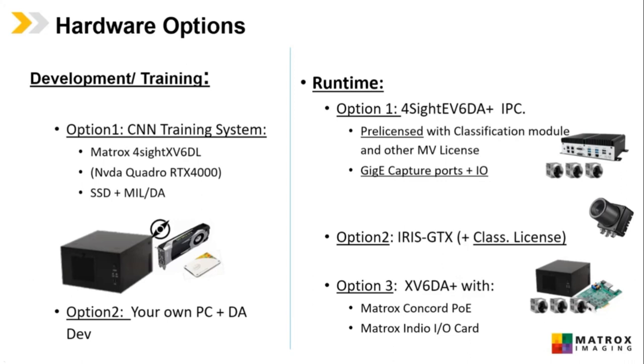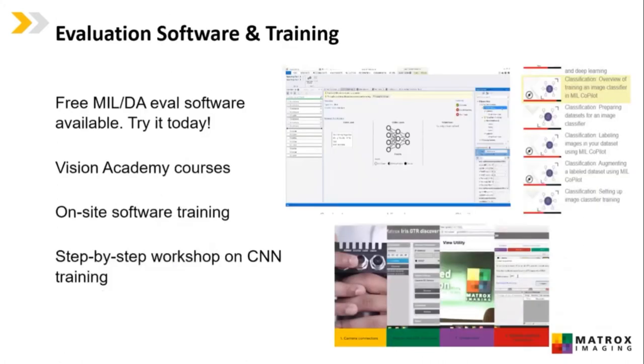And option number three would be to deploy to a desktop grade platform like the Foresight. But in this case, you don't need a GPU. The inference, or the prediction, is running on the CPU. And you can do that again with frame grabbers or GigE cards like the Matrox Concord, right? So those are the deployment options.